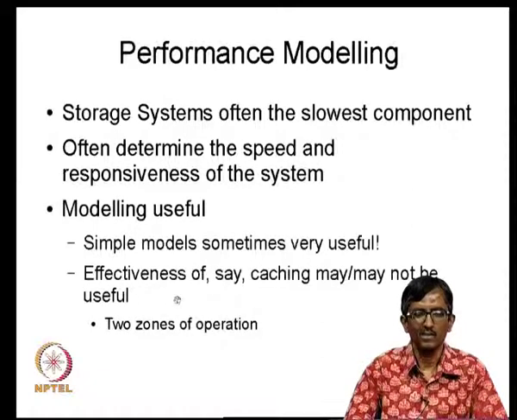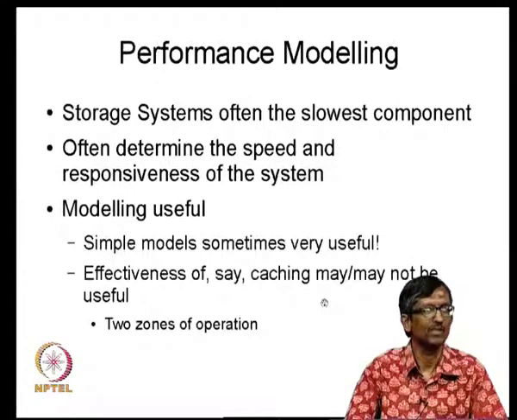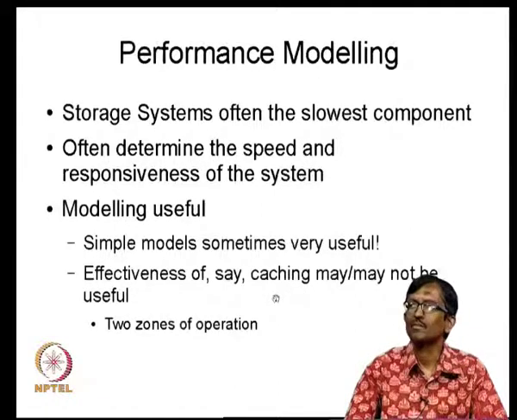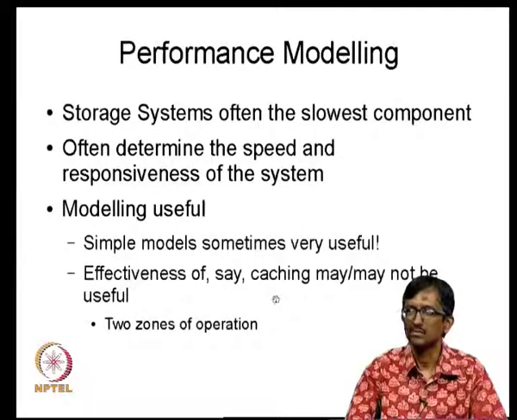The other thing about this system is that, because of the slowness, you use caching, buffering, all these things that are widely used in storage systems. Sometimes, either because of a bug in the system, the caching might have to be disabled, or because of the workload, the caching does not work very well.